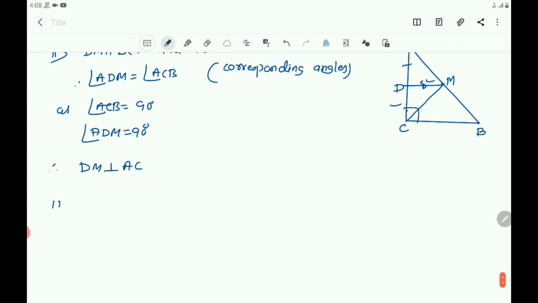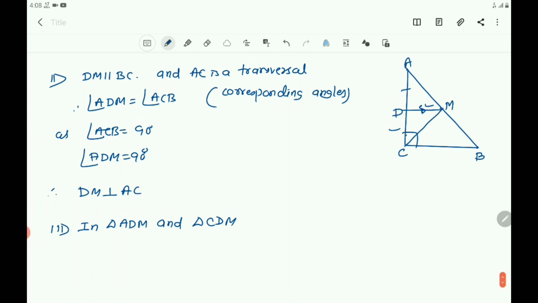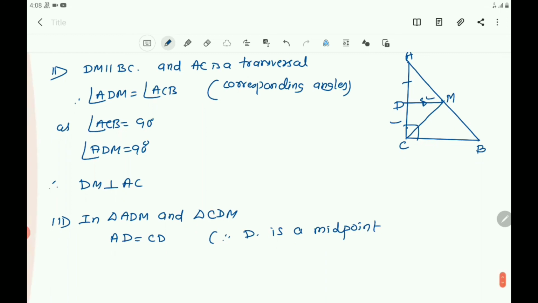Therefore you write third one, in triangle ADM and triangle CDM, you write AD equals CD, because D is a midpoint, we proved it. And also angle ADM equals angle CDM.